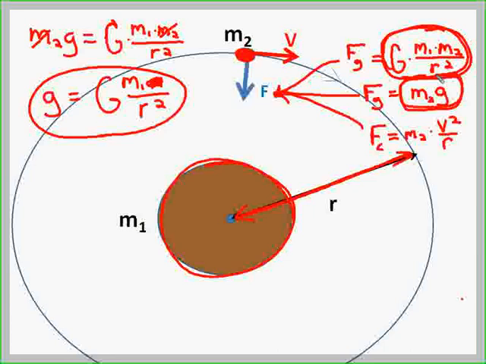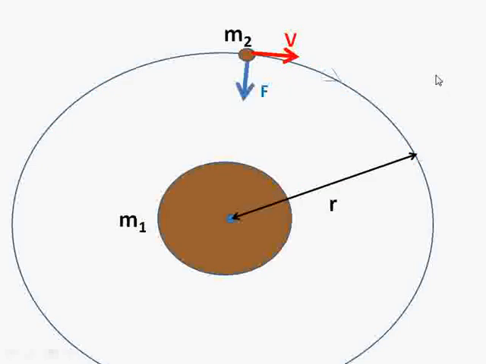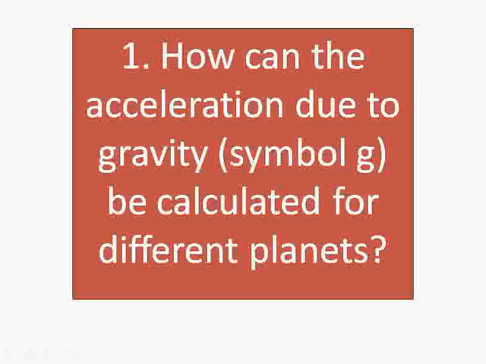Now, the original question was, how can the acceleration due to gravity be calculated for different planets? Basically, like on the surface.